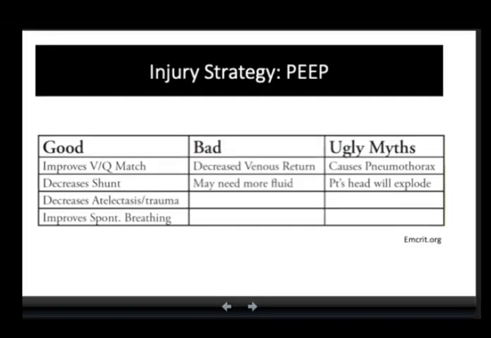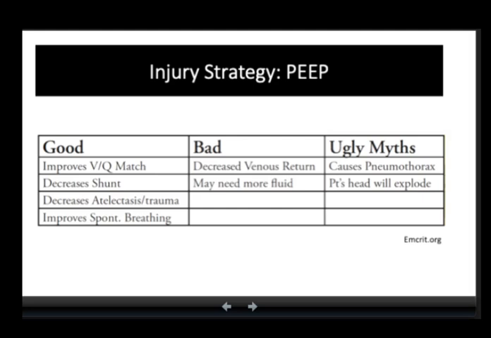So the good things that PEEP will provide are, first, it will improve VQ mismatch by decreasing physiologic shunt. It will also decrease atelectatic trauma by keeping the alveoli open. It may improve spontaneous breathing by decreasing trigger asynchrony in patients with air trapping and by improving lung compliance.